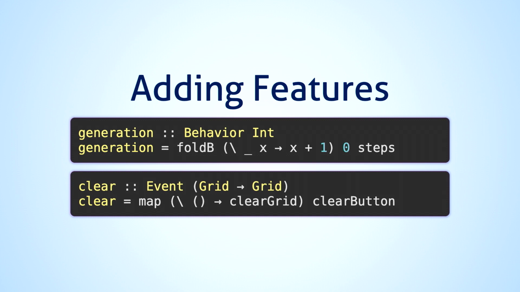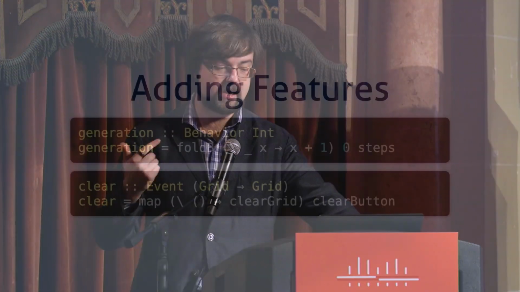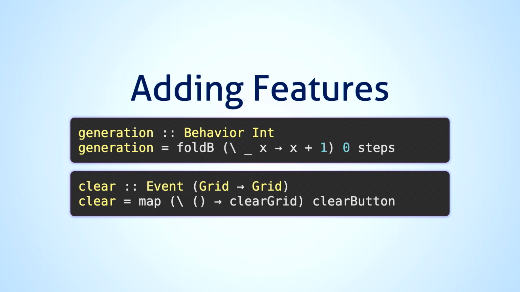And then the pattern I mentioned with these streams of changes also makes it very easy to add new controls. So if you want a button that is going to clear the grid when you press it, all we do is we take the button, we tell it, OK, each time somebody presses, I want a stream of grid-to-grid functions that ignores the existing grid and just clears it. That's clear grid.